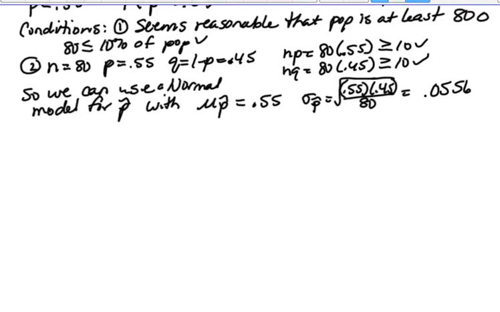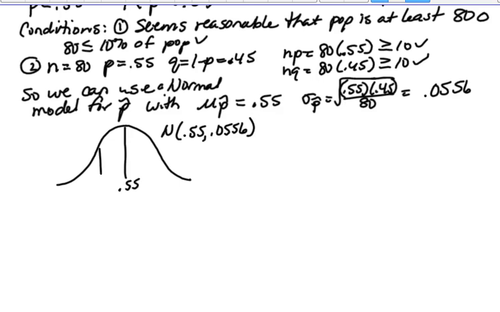So to calculate my probability, I'm using the normal model with mean 0.55 and standard deviation 0.0556, and I want to know the probability that p hat is less than 0.5. Remember, these are all p hats in here. This is a whole distribution of p hats.